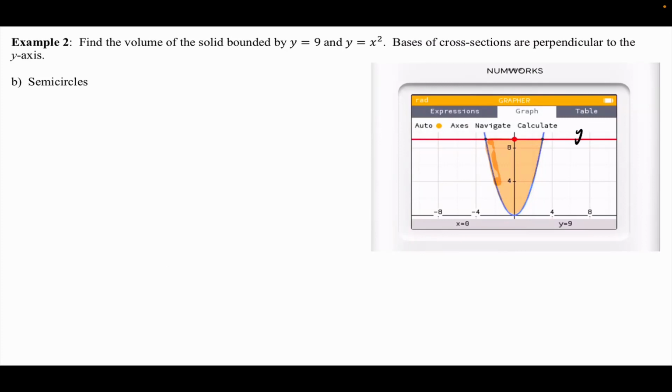We still have y equals 9 and y equals x squared. This one is still perpendicular to the y-axis, so that means dy. The only difference is we have half circles instead of squares like the last one.